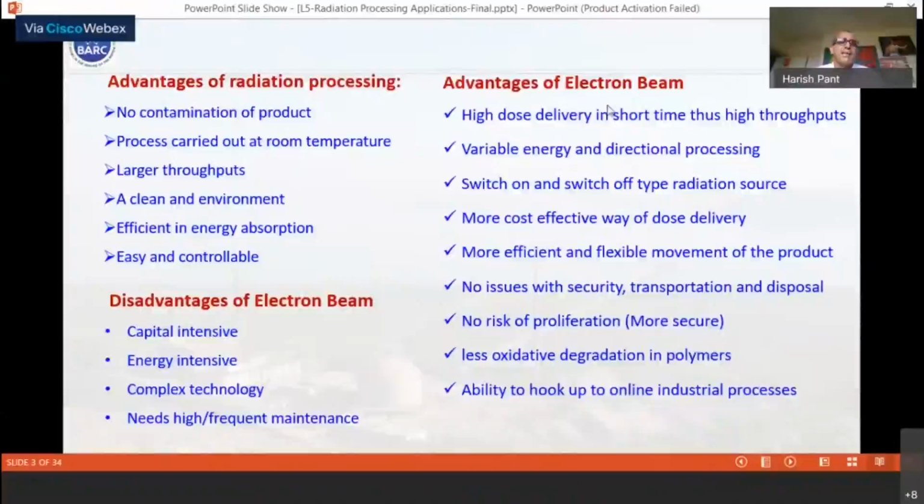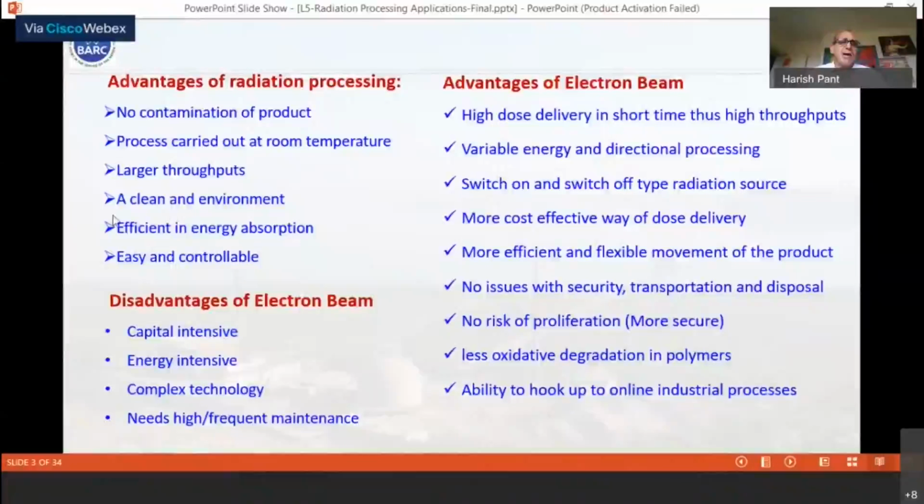The advantages are that there is no contamination of the product. The process is carried out at room temperature, so it is a cold process. The throughputs which are processed are very high, they are larger throughputs. It is a clean and environmentally friendly technology.